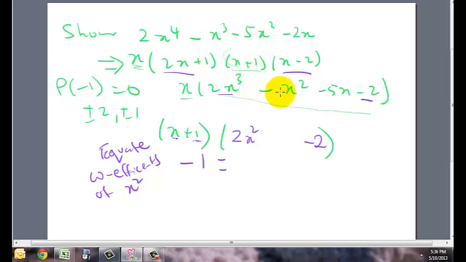So my x squared here is minus 1, the coefficient, whatever's in front of x squared. The x squared here, when I expand it, is 2, and the coefficient here of x squared is going to be ax squared, which means a. That's it. And then therefore a is equal to minus 3.